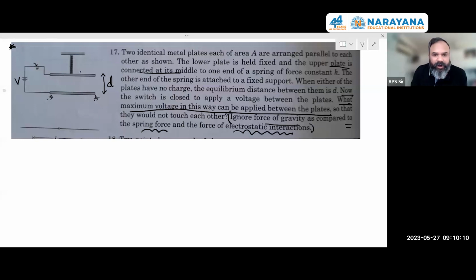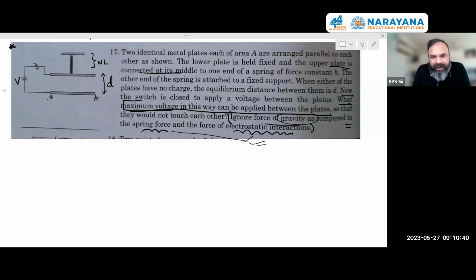So basically, you have to only consider the spring and the electrostatic forces, neglect gravity in this problem. So we understand if we are neglecting gravity, in the initial state, the spring will be in the natural length. There is no force on this block or this plate. There is no mg. Now the problem comes, as you close the switch, suddenly this gets charged. Because of those plus minus charges, there will be attraction and this guy gets pulled towards the lower guy.